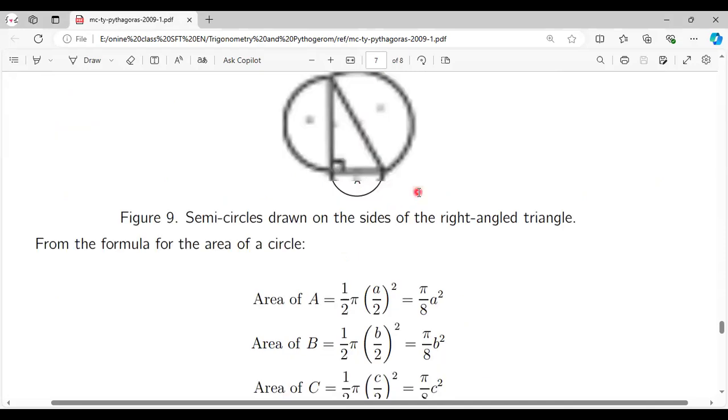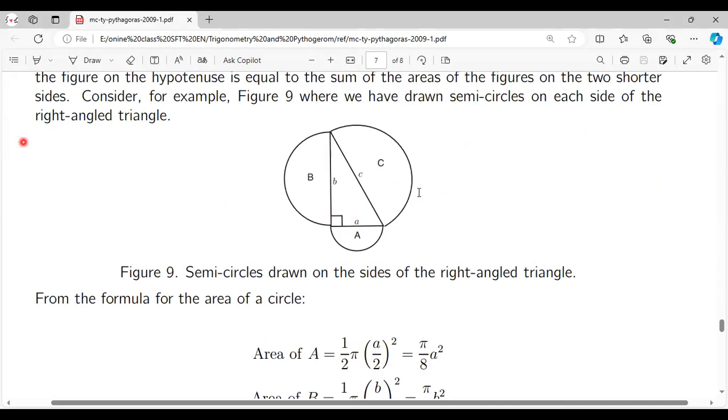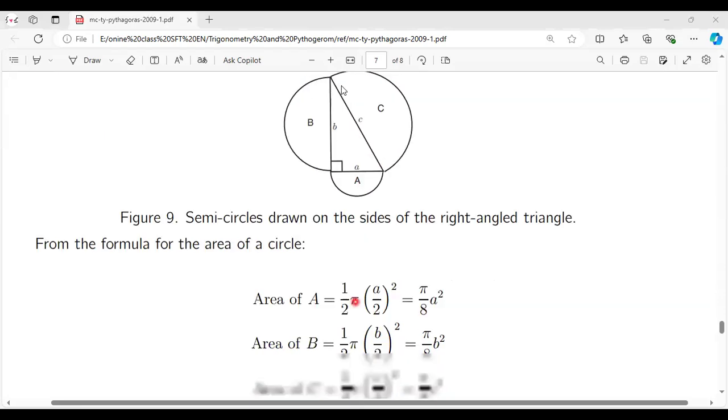For example, what I mean by that is, can you find out the area of this semicircle? How to find the area of a circle? It is pi r squared, right? So since we are taking the semicircle, we can take half times pi r squared.